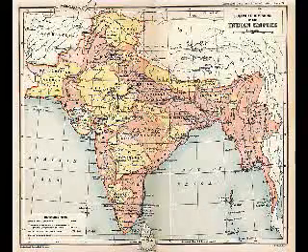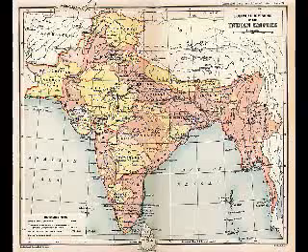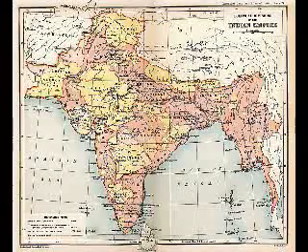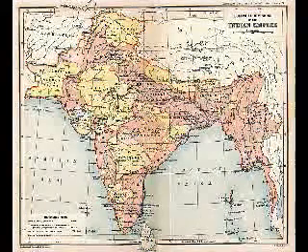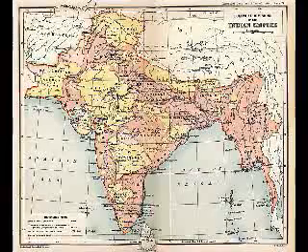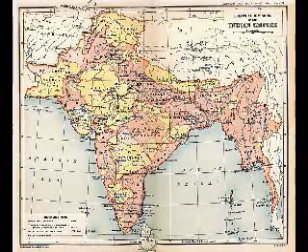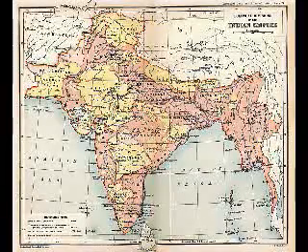By the Act of 1833, the company surrendered all its personal property in India and held it in trust for the crown.